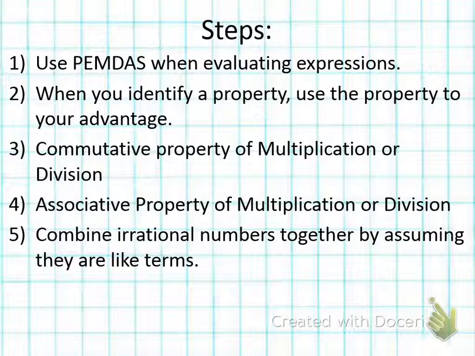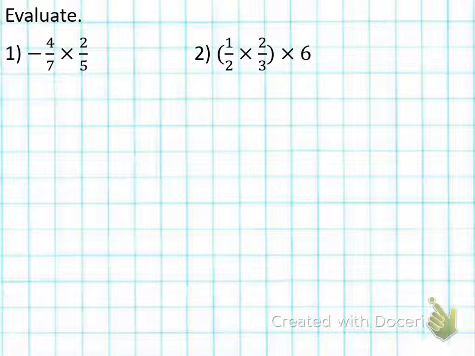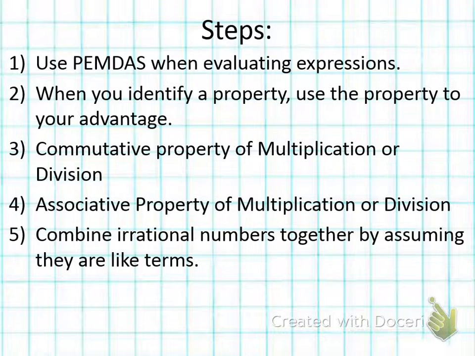Okay, number 1, negative 4/7 times 2/5. We have two separate terms. Oh, one more thing before I go back. I want to explain one more thing. Commutative property, I want you to underline the word commute on your notes and write moving numbers.